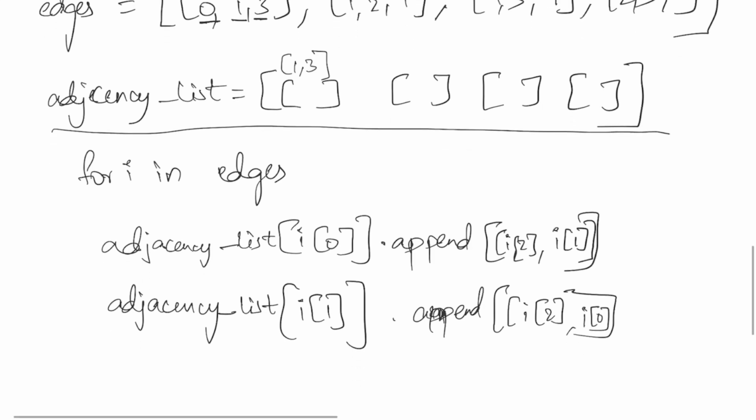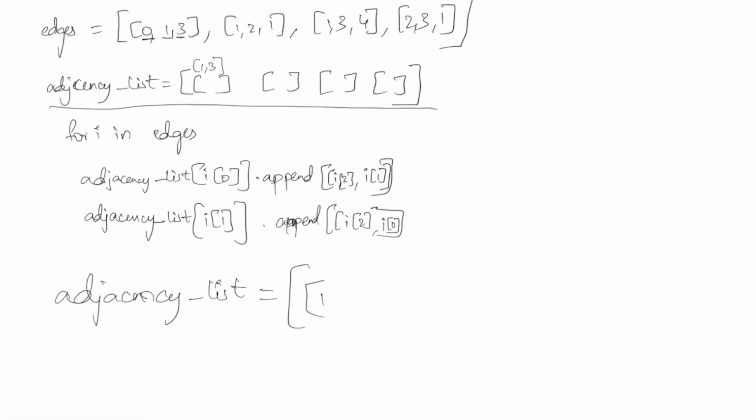In this, what will be the adjacency list? If we see, at the last, for the 0th one, it will be 1 3 1. Okay, and this is for 0th.